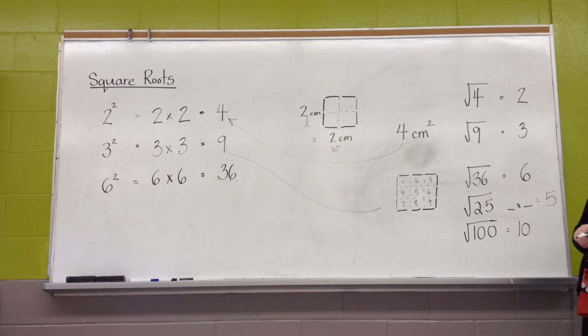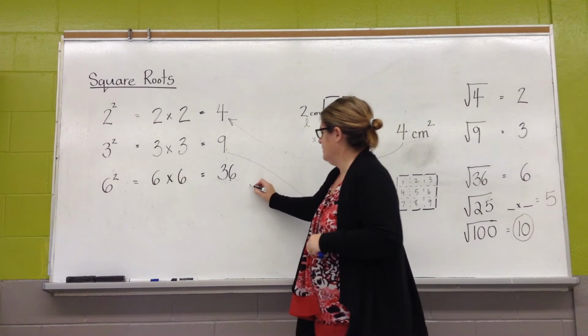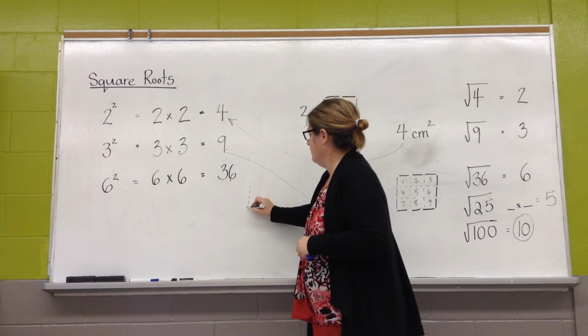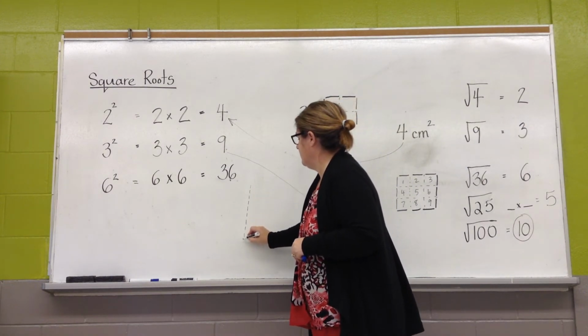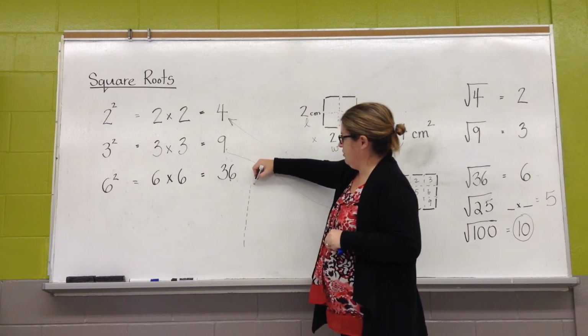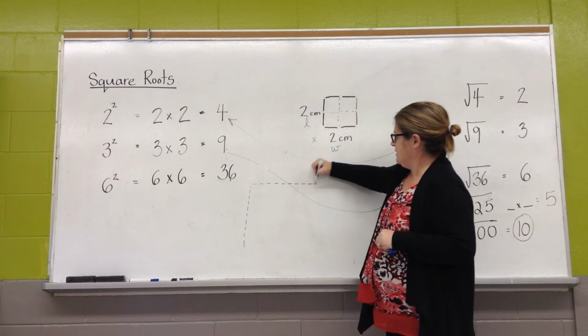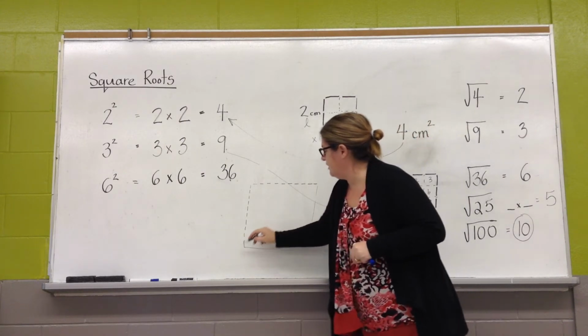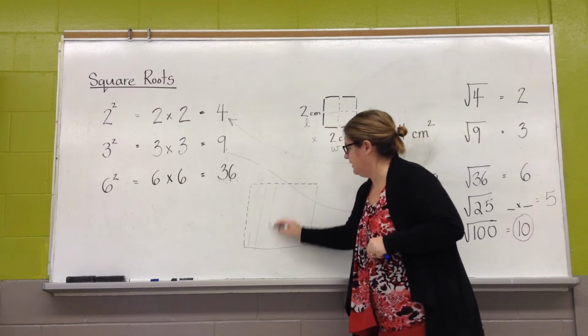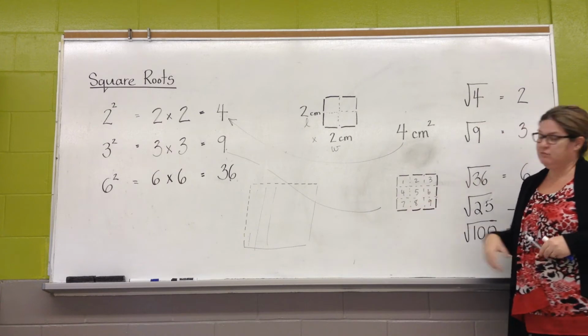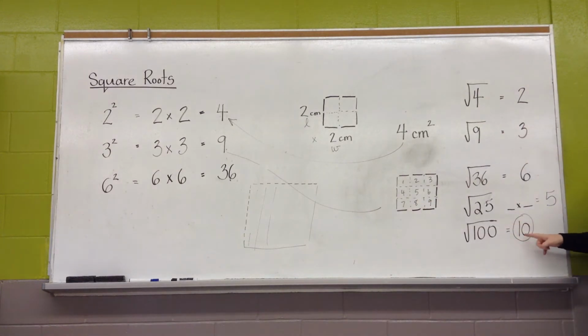And we could check that out just to see if we were right by drawing 10 squares down and 10 squares across. And then we would take this shape and we would divide it like a grid, like we did similarly in these. And if we counted them all up, we would in fact find that we had 100 squares there.